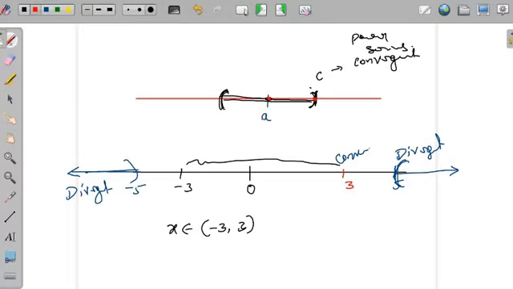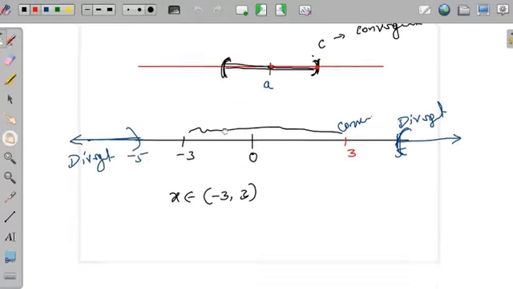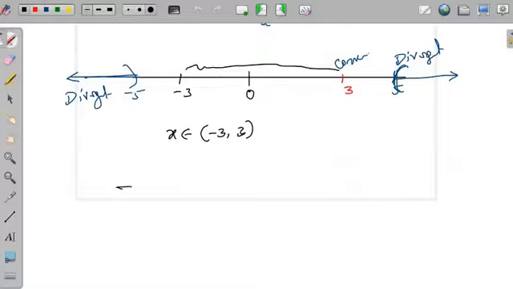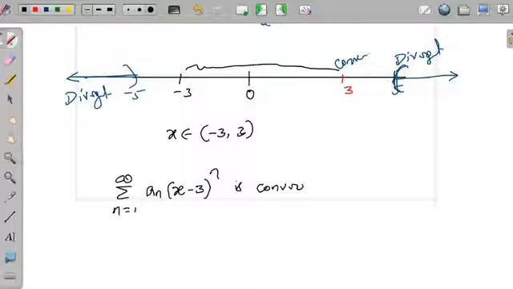Okay. So I'd like to ask you one question here. Suppose that I'm giving you a power series: summation n equals 1 to infinity a n into (x minus 3) whole power n. And this is convergent at x equal to 5. Okay.